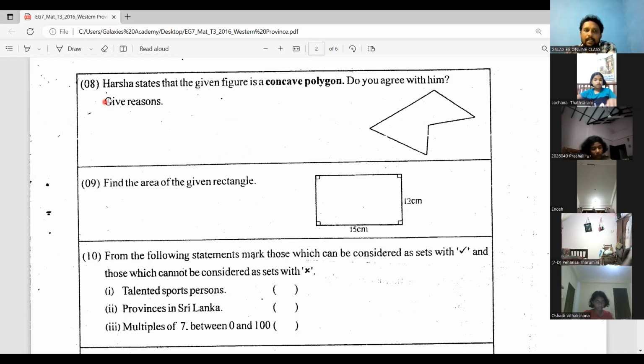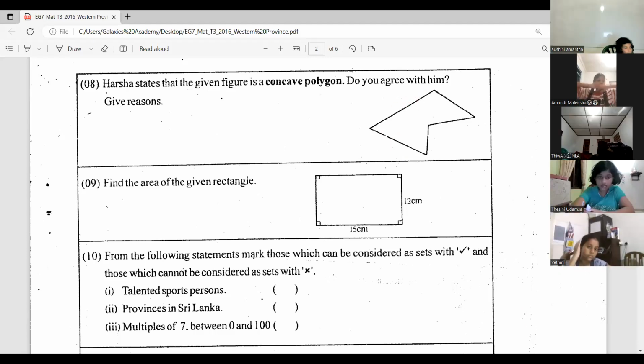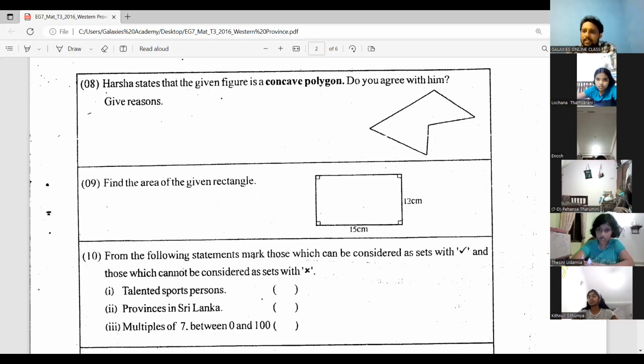Look at number 8. Harsha states that the given figure is a concave polygon. Do you agree with him? Give reasons. There are two types of polygons, no? Concave and convex. Can you tell me, is this figure a concave polygon or not? It is a concave polygon.